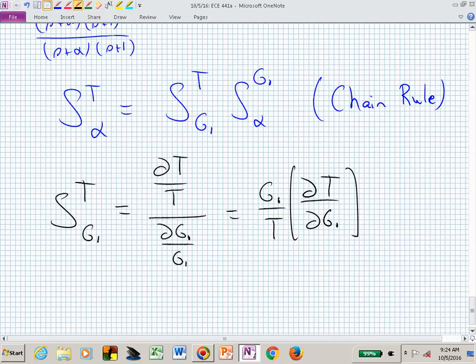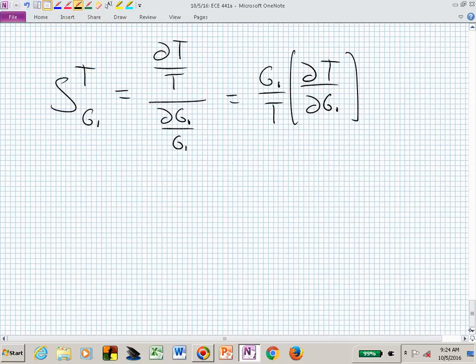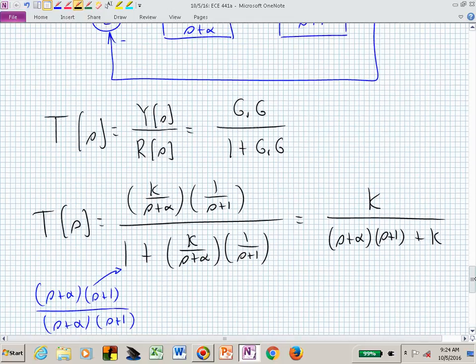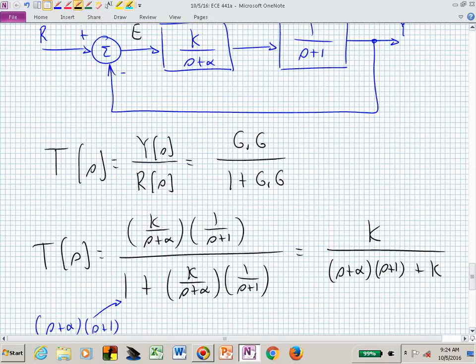And we want to now find what's in that square bracket, the partial of T with respect to G1. And I'm now suggesting that this is the expression that we want. There's T as a function of G1, G, and constants. We just need to take the partial derivative of that expression with respect to this variable G1, which is a transfer function, but that's okay.